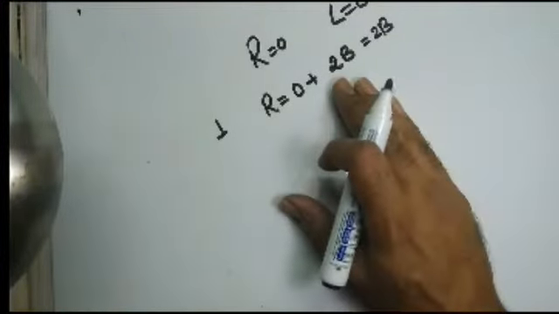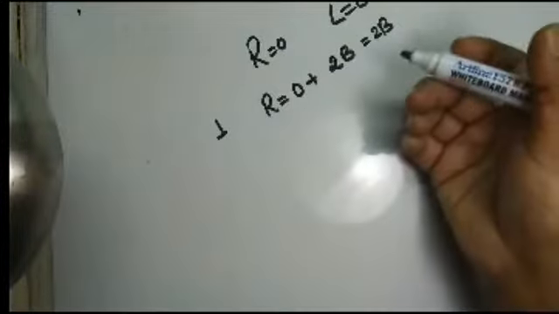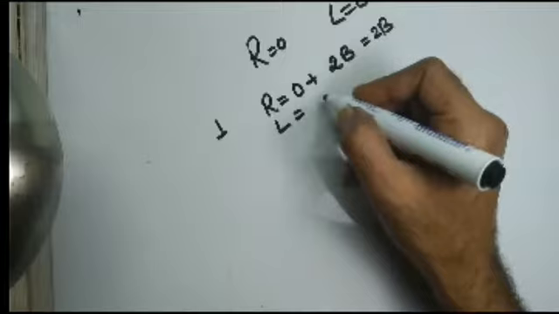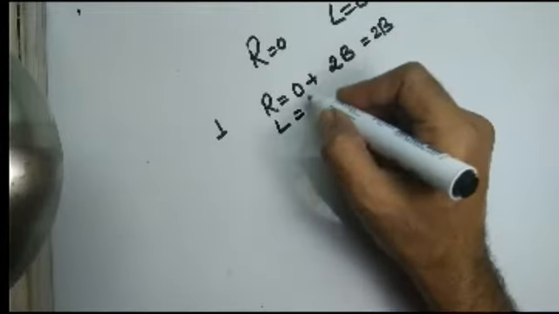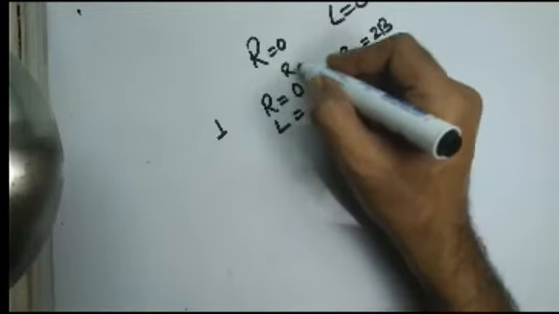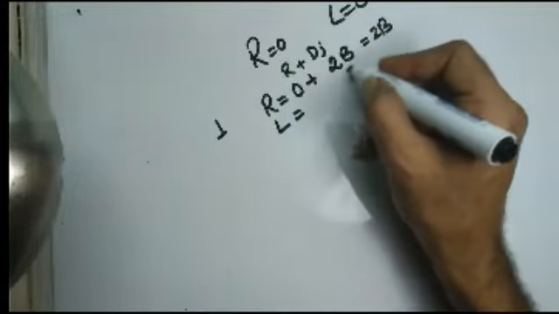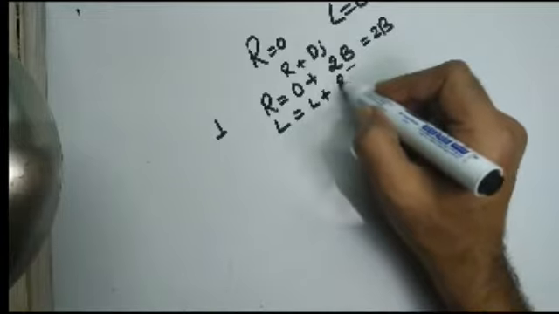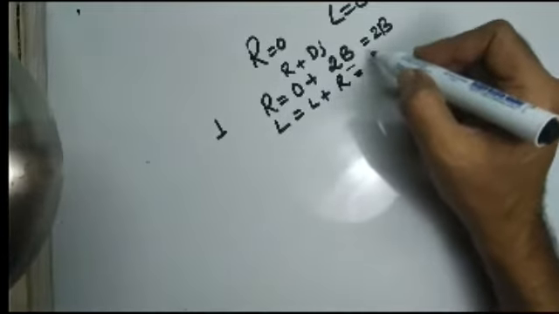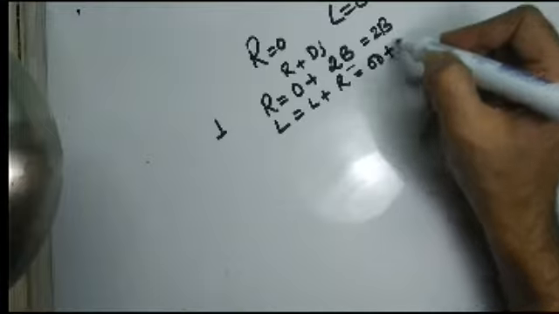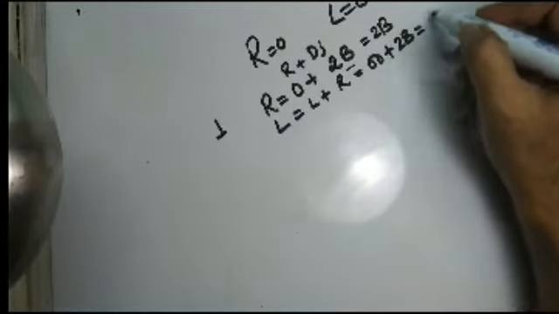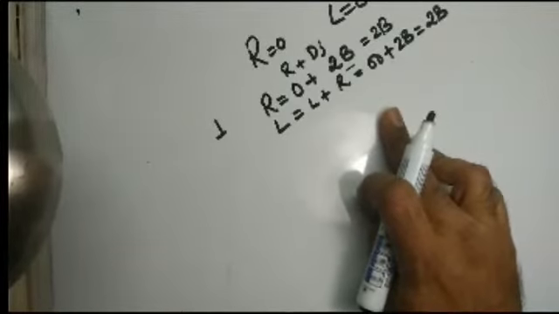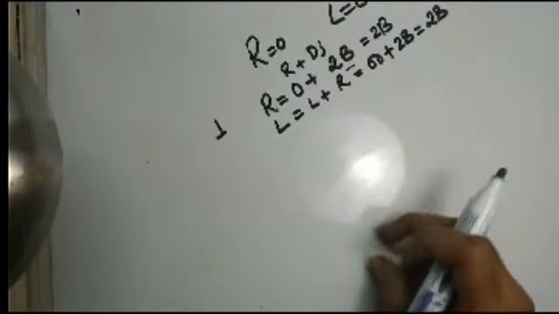In the first iteration itself, the L value is also calculated. L is equal to L plus R. L value is initially 0, and the R value is 2b, so this becomes 2b. In the first iteration, the L value is 2b and the R value is 2b.